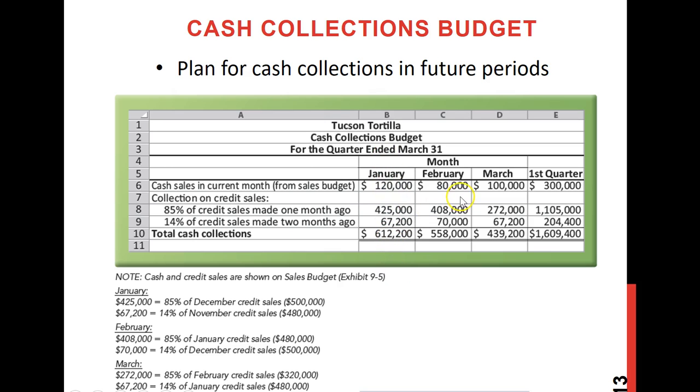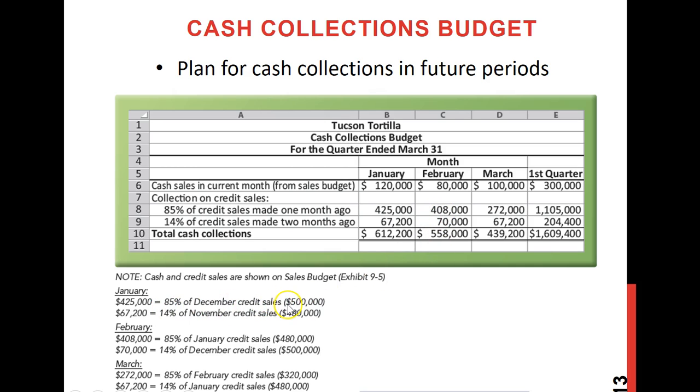And they will follow the same process when they are doing February's budget. They will first list their February cash sales that they collect right away. Then they will check what was last month's credit sales. They will check January's credit sales, and they will collect 85% of it in February.